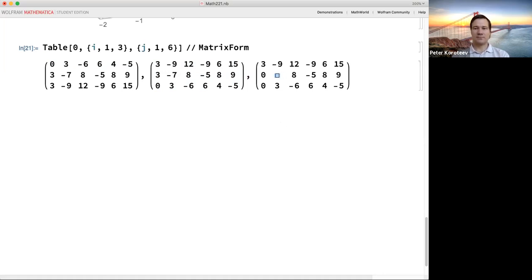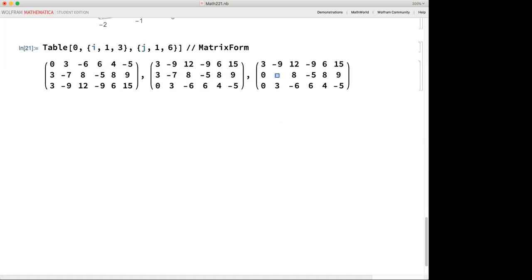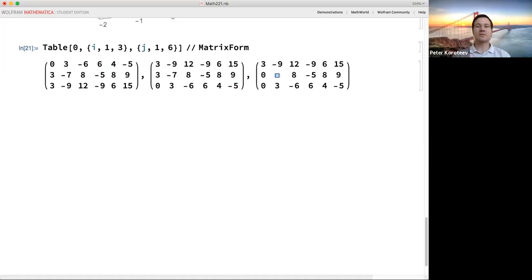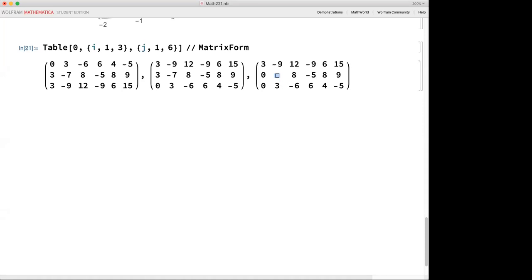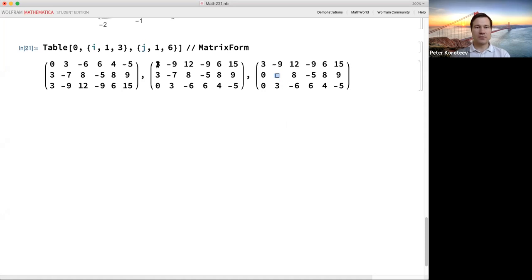What will this be equal to? How does 3 change into 0? We multiply the first row by -1 and then add it to the second row.